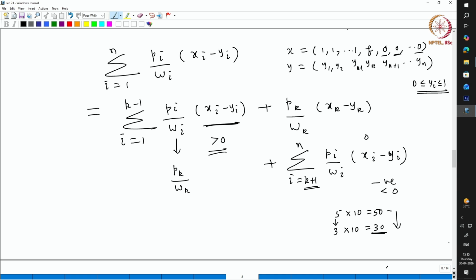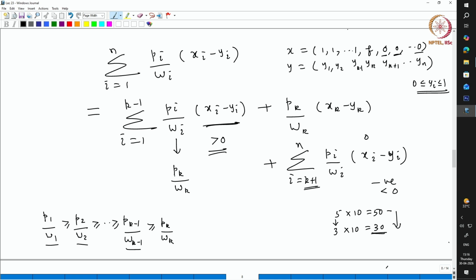Why is this a reduction? Remember, P1 by W1 is greater than or equal to P2 by W2, is greater than or equal to Pk minus 1 by Wk minus 1, is greater than or equal to Pk by Wk. So all these values are larger. So for i going from 1 to k minus 1, Pi by Wi are all larger than this.